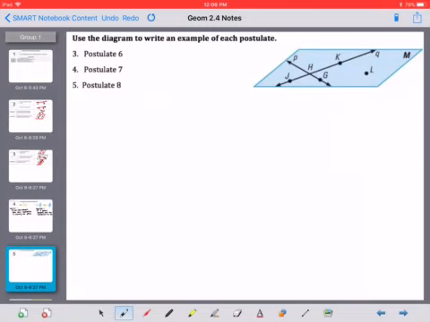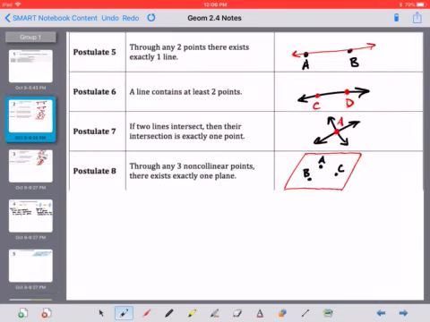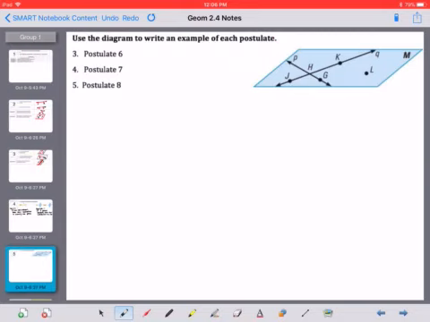We're going to use this diagram here of plane M to write an example of each postulate. Postulate 6 says a line contains at least 2 points. So we have to find a line that has at least 2 points. Looks like the only one here is line Q, and line Q contains actually 3 points.